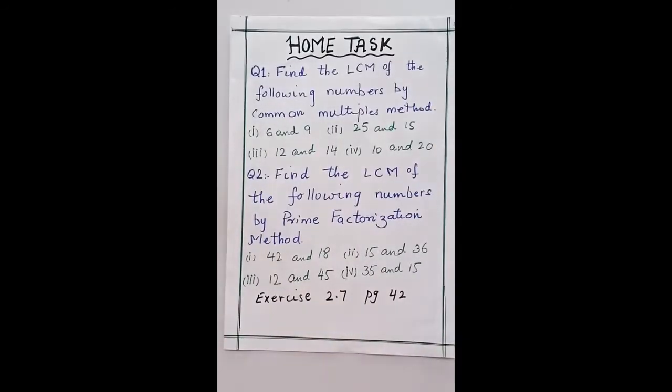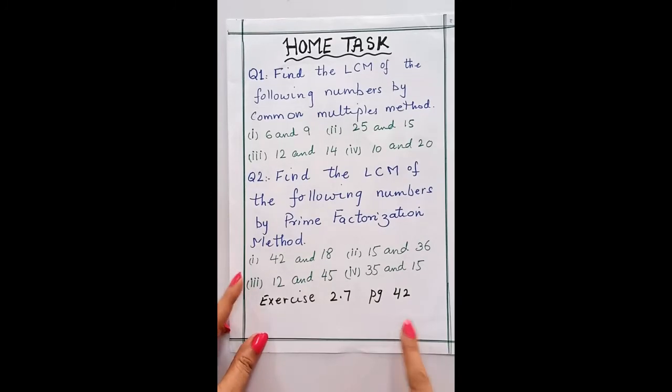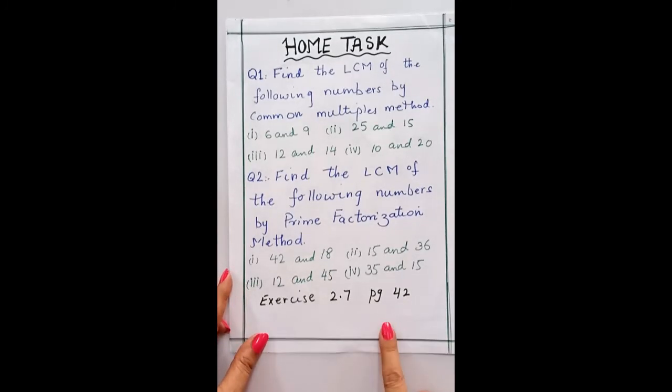Okay, now students, it's time for your homework. But before that students, I hope you all understand the concept of LCM very clearly and how to find the LCM by common multiples method and by prime factorization method.